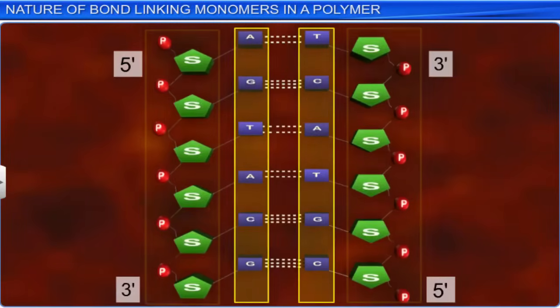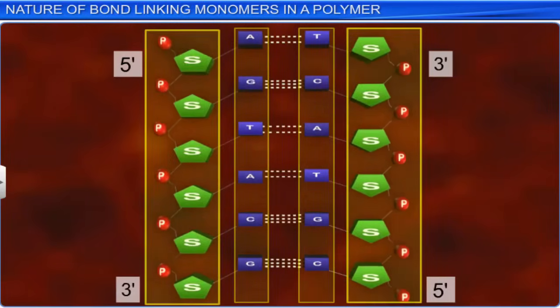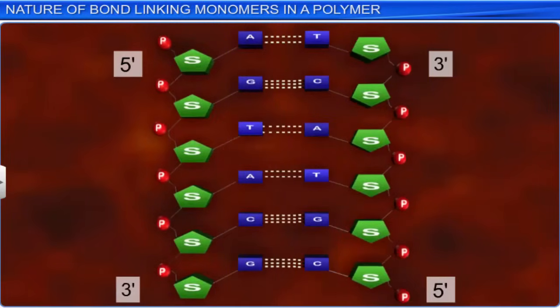The 4 bases found in DNA are adenine, cytosine, guanine, and thymine, which are abbreviated as A, C, G, and T respectively.